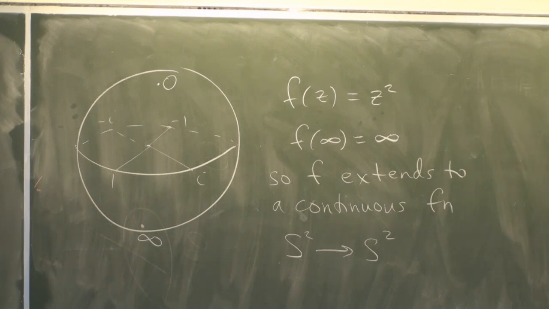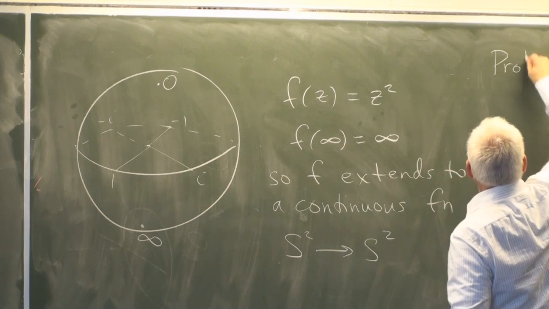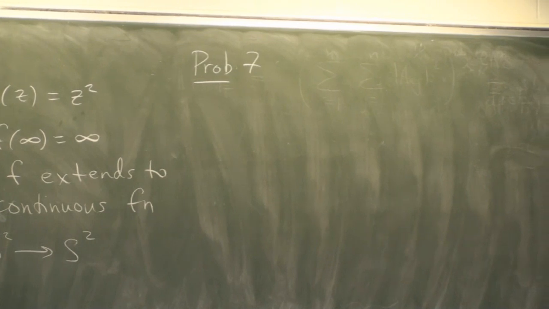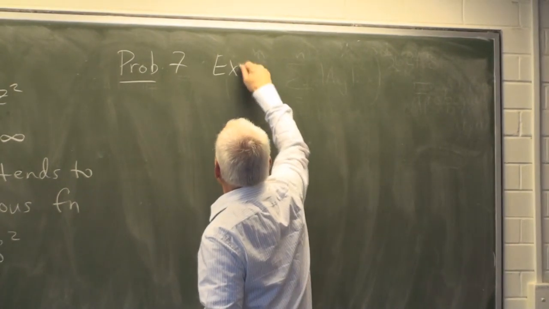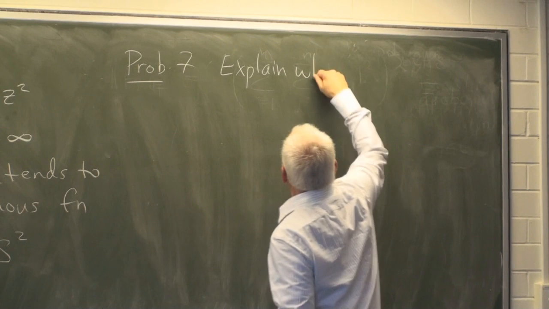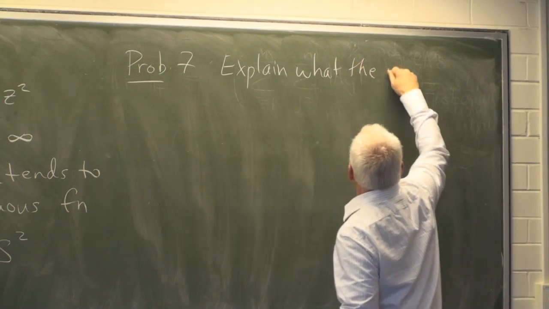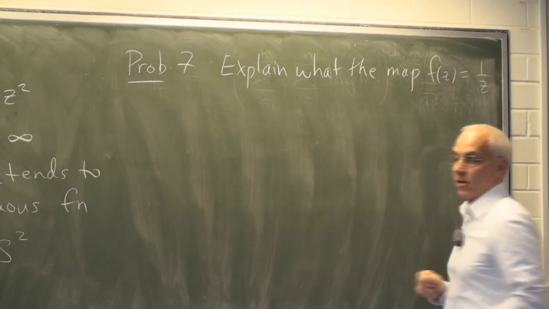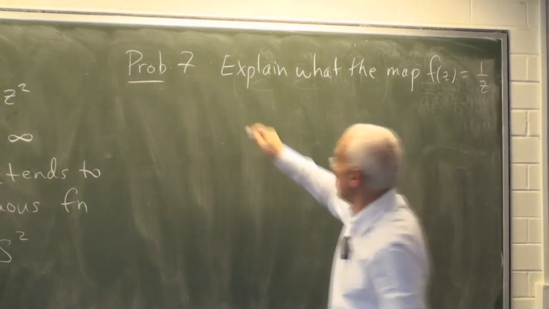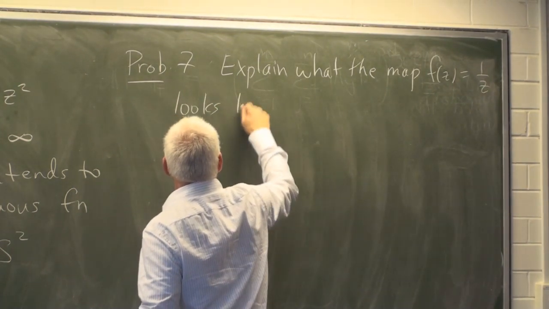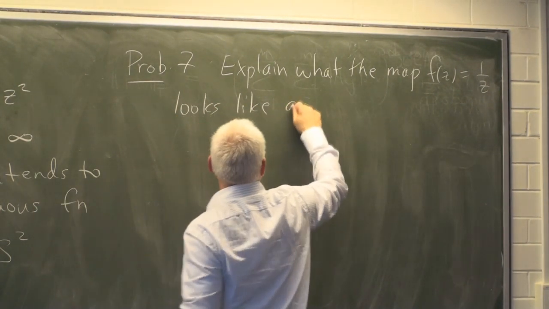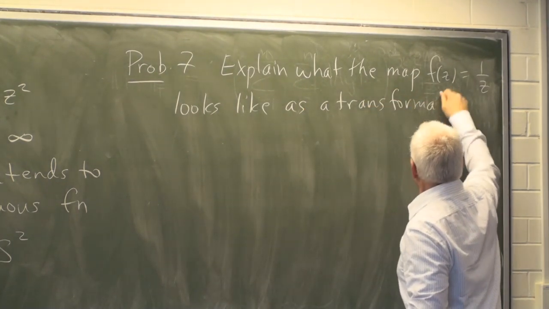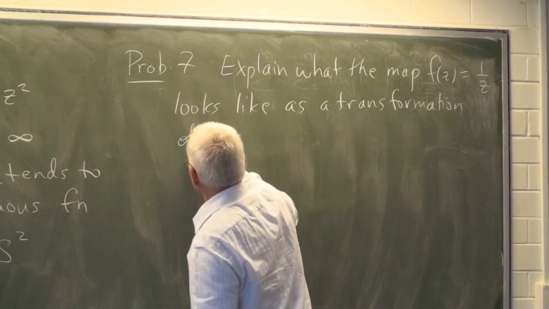Okay, so here's a problem to think about a little bit. Problem number 7, I believe. So explain what the map f(z) = 1/z looks like in this picture, looks like as a transformation of the Riemann sphere.